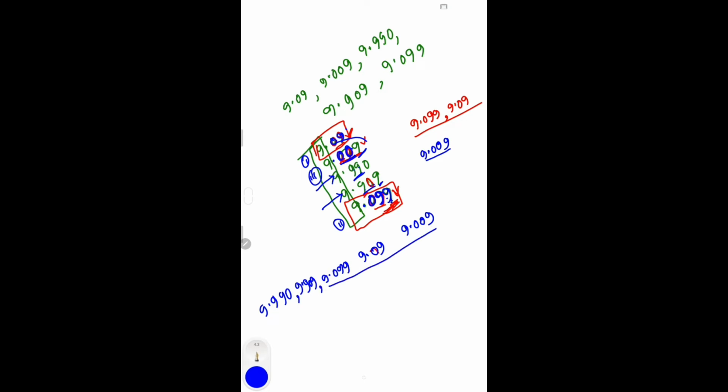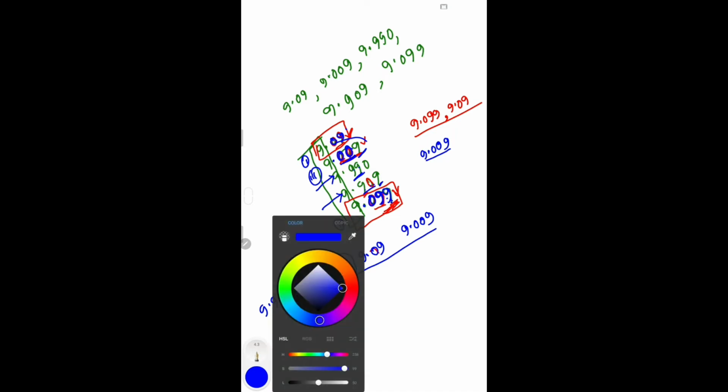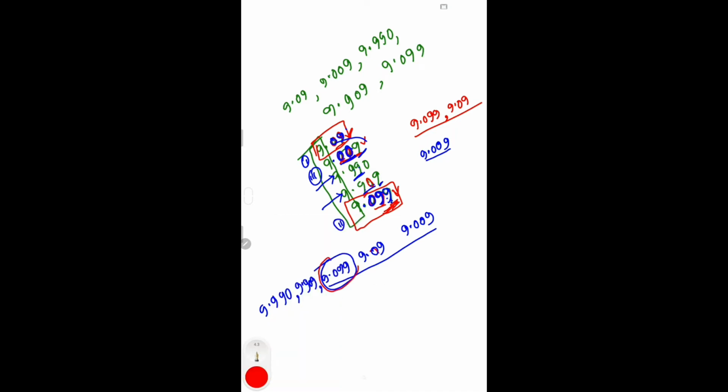The question asks which is the third number when we arrange all the numbers in descending order. So the third number in that series is this number. So that must be our required answer: 9.099.